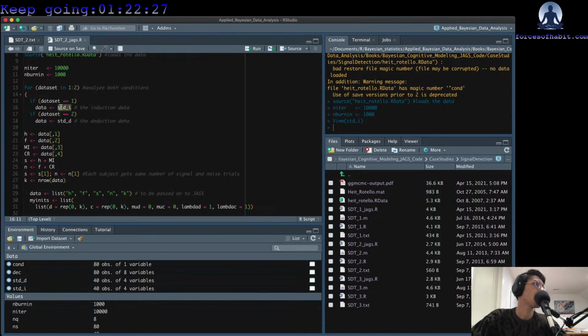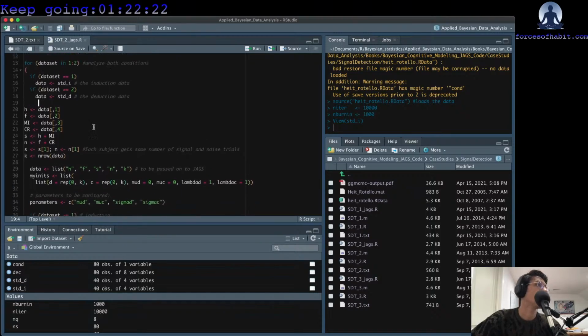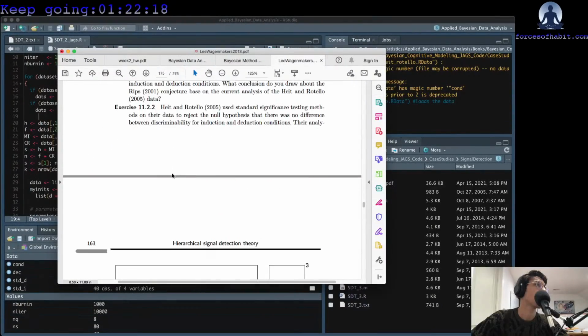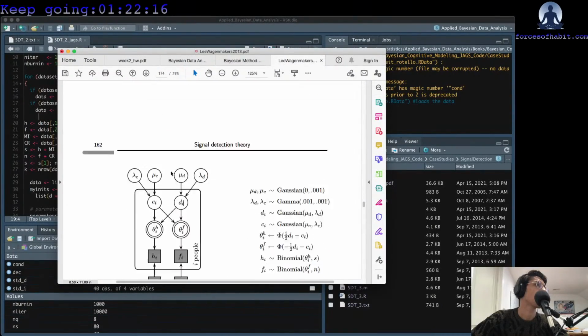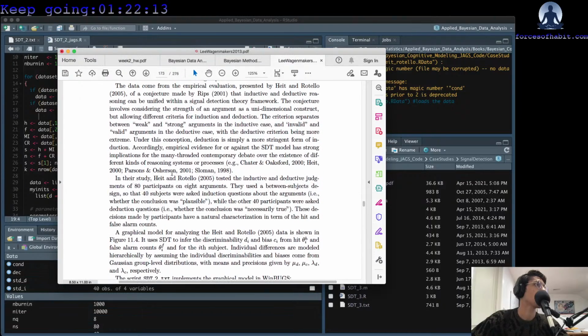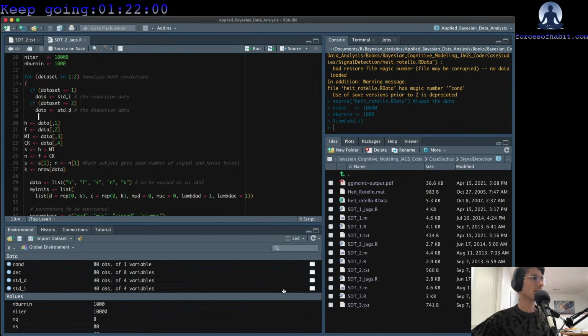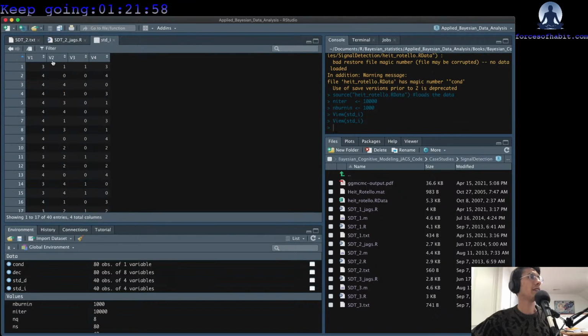And this is for, right, we're looking at induction and deduction here. Paint the picture. 80 subjects, each looked at 8 arguments, right? So induction here, 8 arguments, 8 arguments.